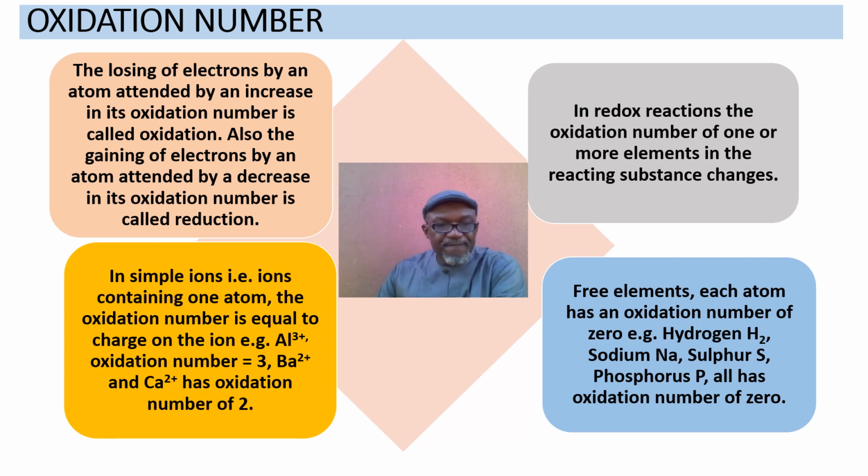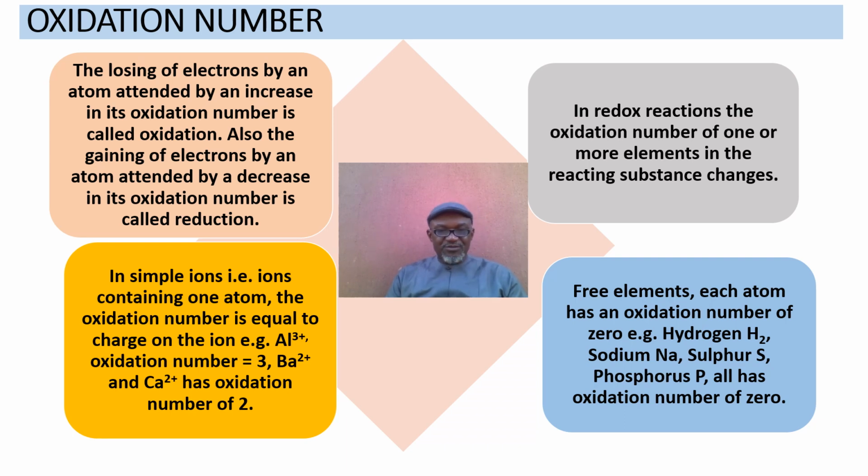The second rule, in simple ions, that is ions containing one atom, the oxidation number is equal to the charge on the ion. This is exactly why we said zinc 2 plus, the oxidation number is plus 2. Cu2 plus, the oxidation number is plus 2.